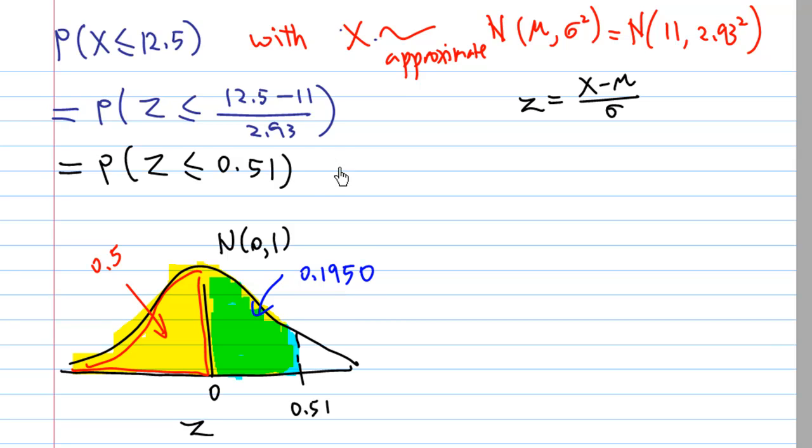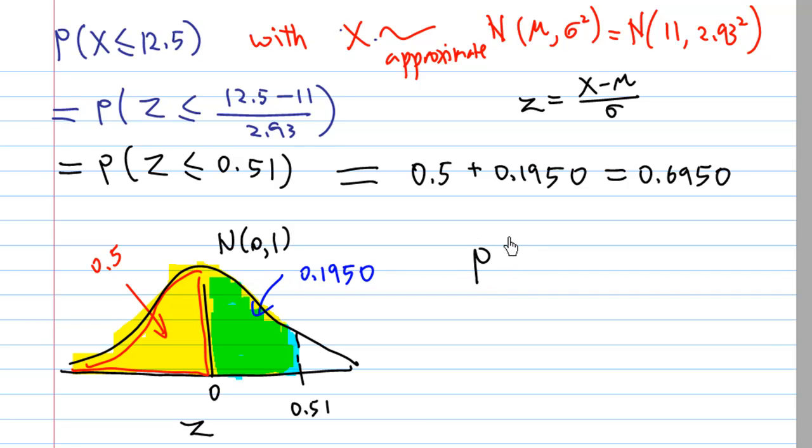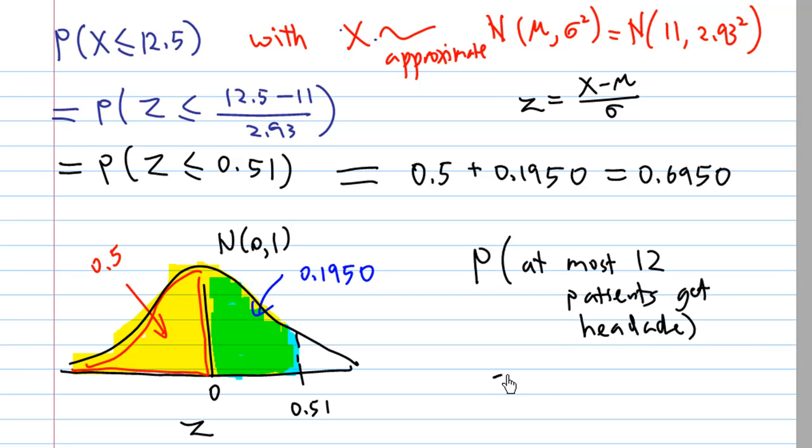Therefore, the total area we are looking for, the yellow part is 0.5 and the green part is 0.1950. The total will be 0.6950. So we conclude that the probability that at most 12 patients get a headache after medication is approximately equal to 0.6950 by using the normal approximation.